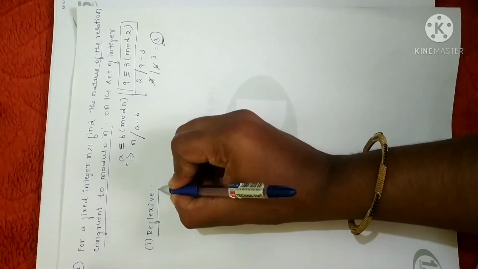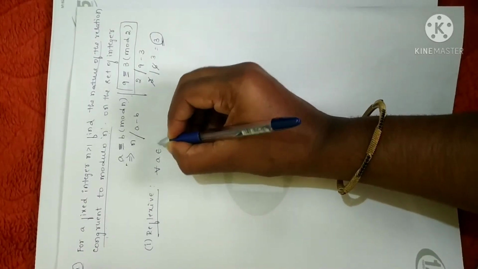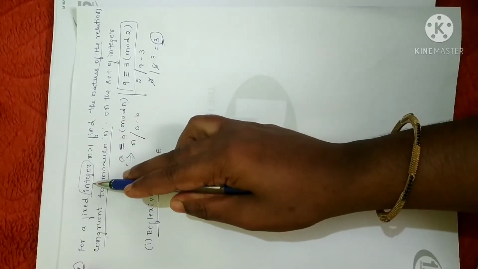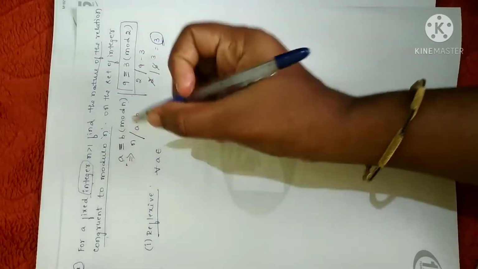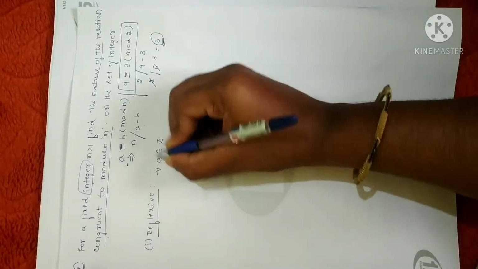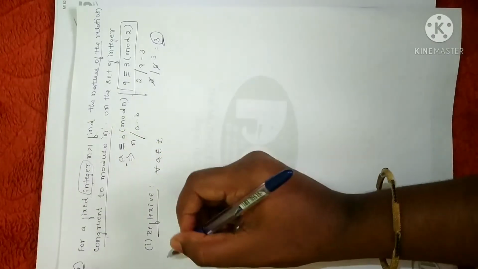So since I am solving reflexive, let me take one element, say A, in the set of integers, because the problem itself says we have to discuss the nature with reference to integers.